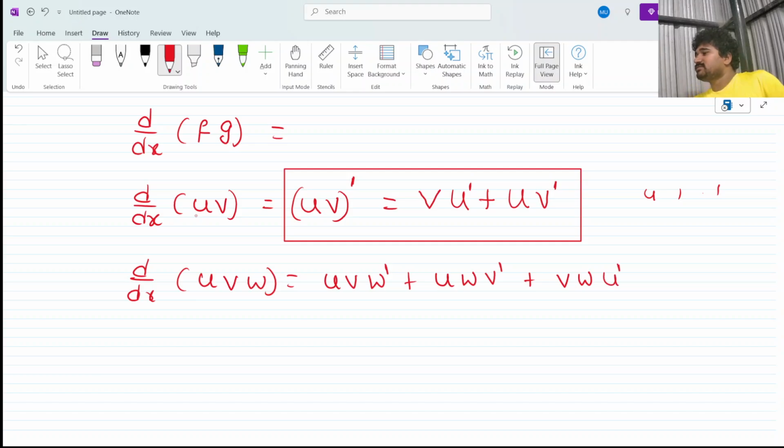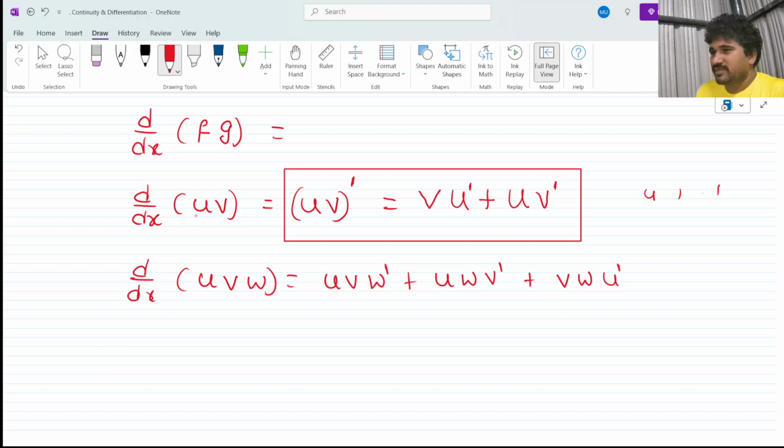That's it. Is that clear for everybody? uvw whole dash is uv w dash plus uw v dash plus vw u dash.